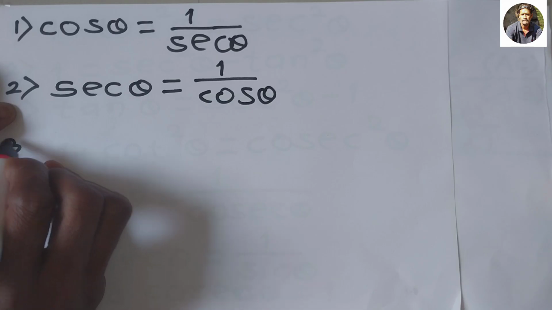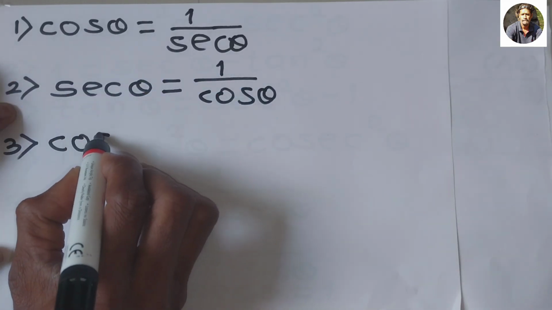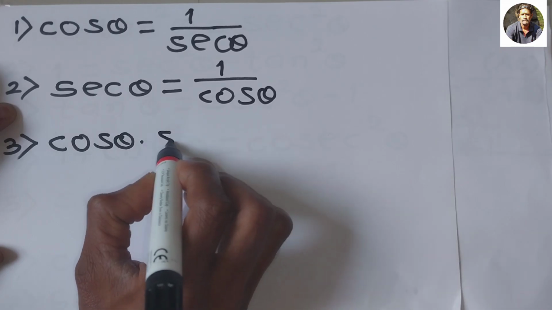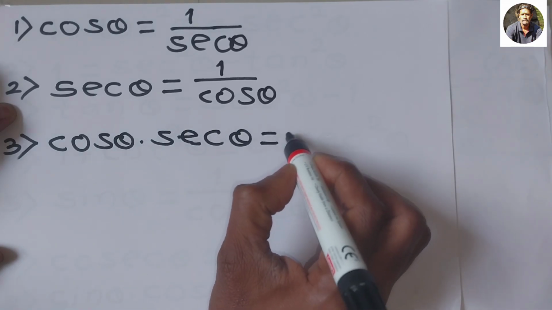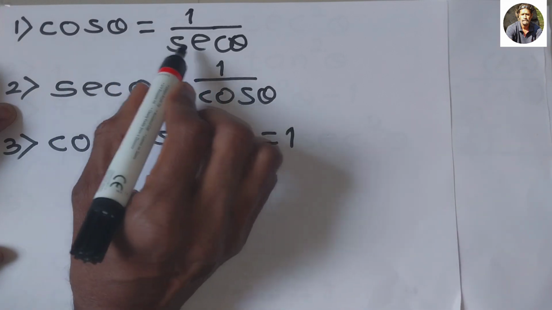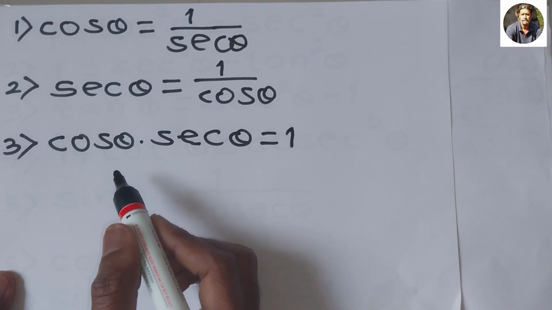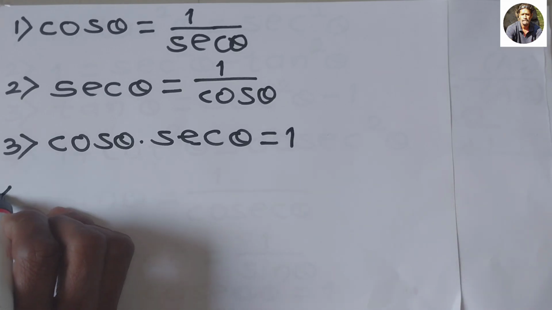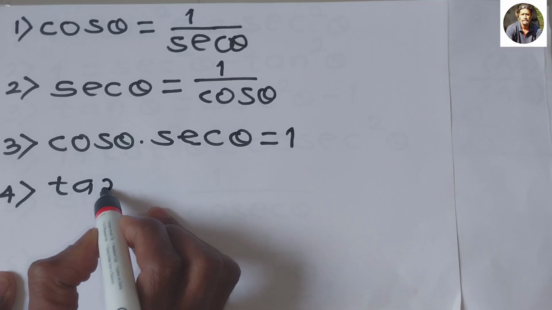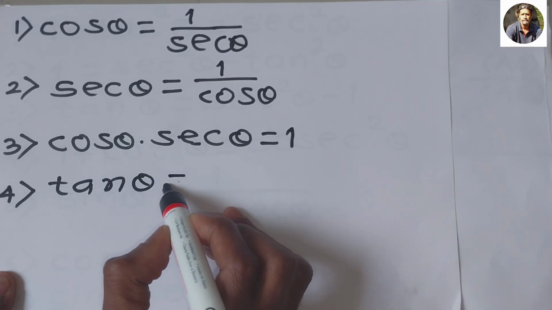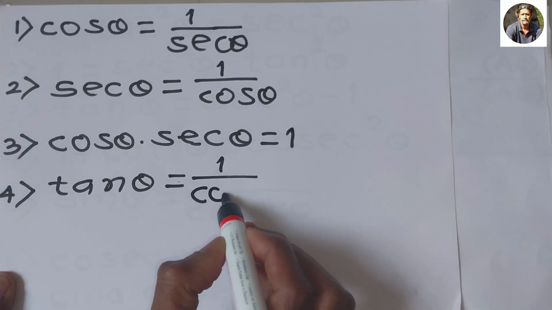Then the third one, the product of these two: cos² into sec² is equal to 1. Then the next one, tan² is equal to 1 upon cot².